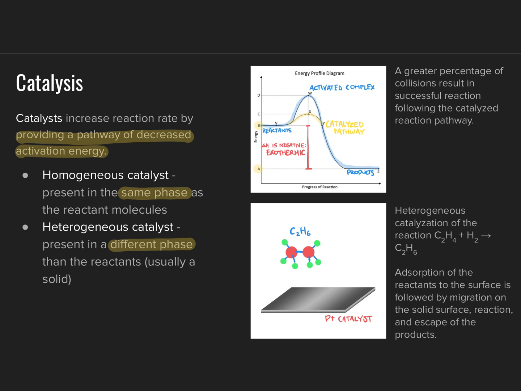Which means many of these heterogeneous catalysis reactions are not dependent upon the reactant species concentrations, and therefore many of them are zero-order reactions. So we've provided a justification as to why a reaction may not depend upon the concentration of a species. All right, that's pretty much it for what you need for understanding catalysis at this point.